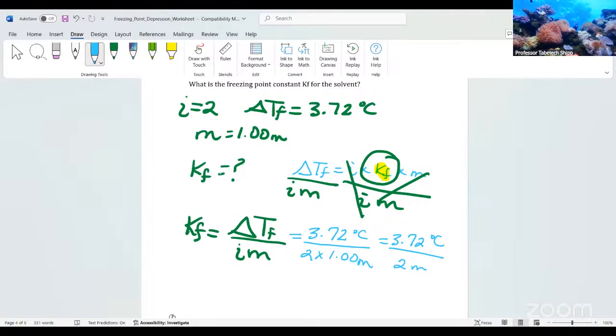Let's just plug those into our calculator. And you will end up with Kf equaling 1.86 degrees Celsius per molality. And that is your answer for that one. So we were able to find the freezing point constant for this particular problem.